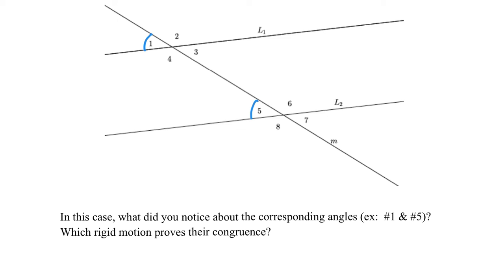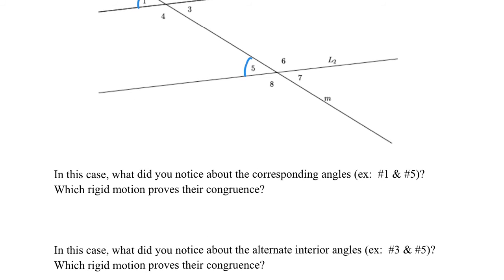Why? Because I could take this angle and I could translate it down this line M, and it would map directly onto angle 5. So, what did we notice about corresponding angles? When the lines were parallel, the corresponding angles were congruent. And how did I know that?